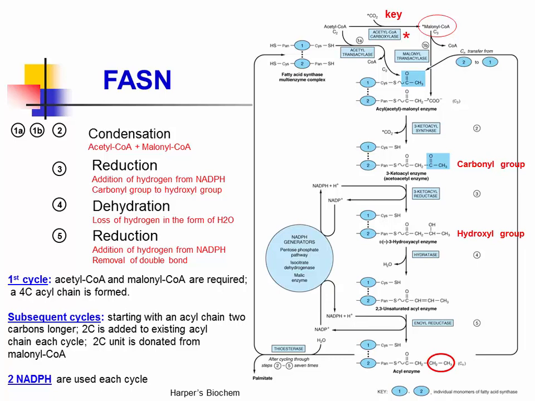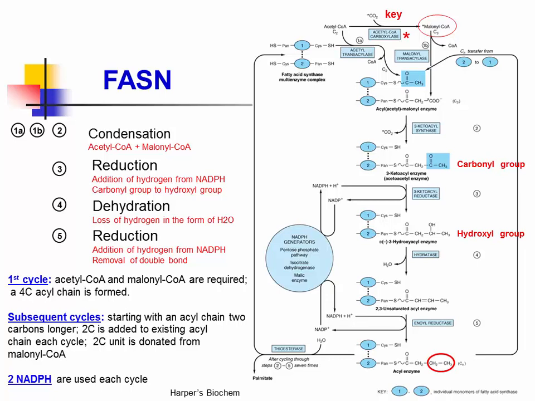And once this hydroxyl group is removed, this acyl-CoA molecule becomes a double bond here, right? And because the palmitate is saturated, we need to remove the double bond. So the next step is also a reduction again, and this will also need hydrogen from NADPH.